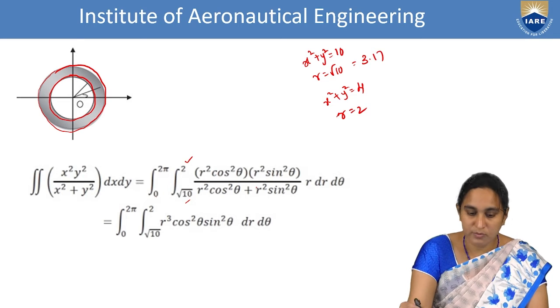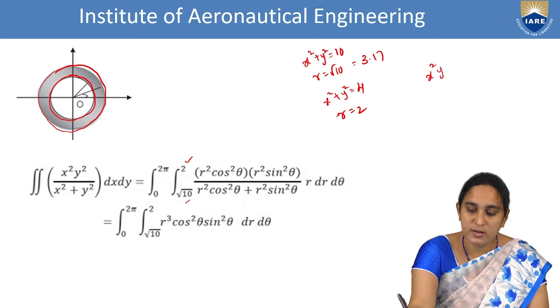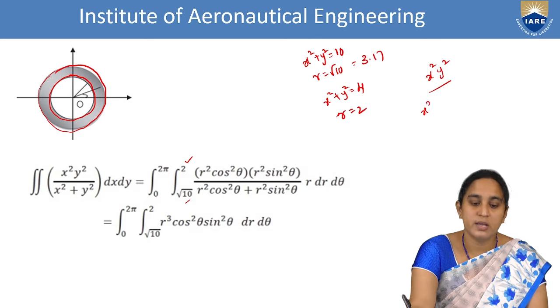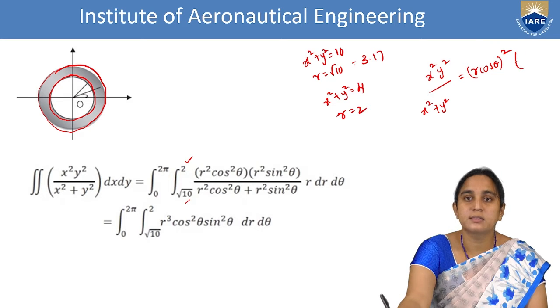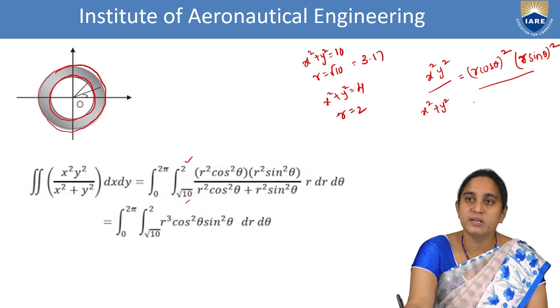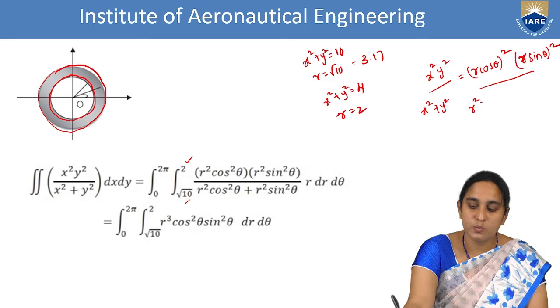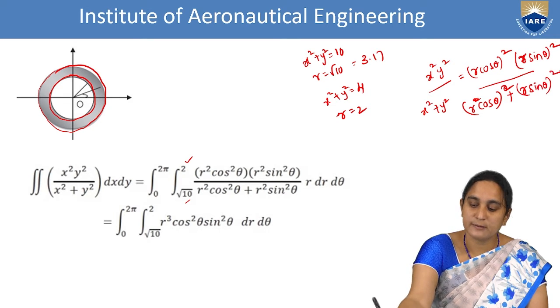Now I'm converting the given question, x square y square by x square plus y square. From that, what is x here? r cos theta whole square, and into y, that is the second one, r sin theta whole square, by what about x square plus y square? That is r square, that is r cos theta whole square plus r sin theta whole square.